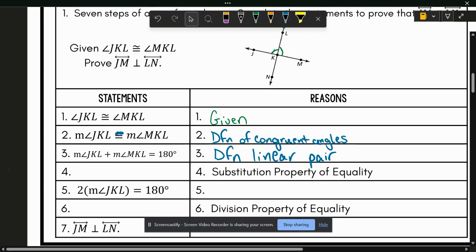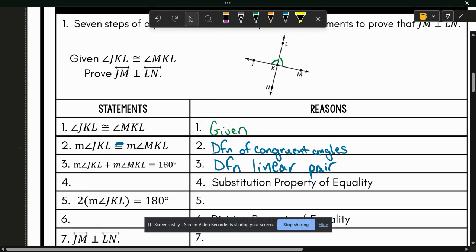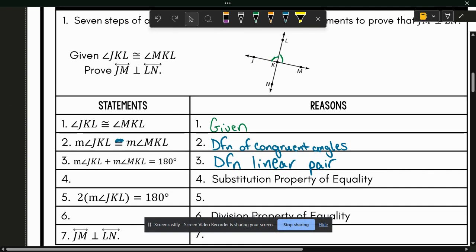All right. So next it says use the substitution property of equality to complete the statement. So now we're looking for the statement. And if you notice, the statement that is next says 2 times the measure of angle JKL. Out of these two, we already have one measure of angle JKL.